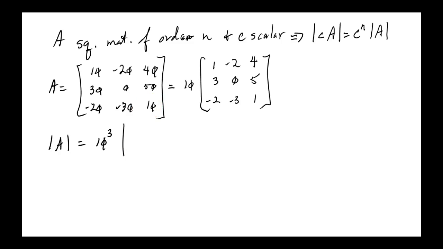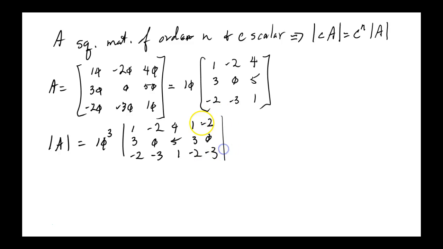Again, it's a 3 by 3, so the easy way is 1, negative 2, 4, 1, negative 2, 3, 0, 5, 3, 0, negative 2, negative 3, 1, negative 2, negative 3.